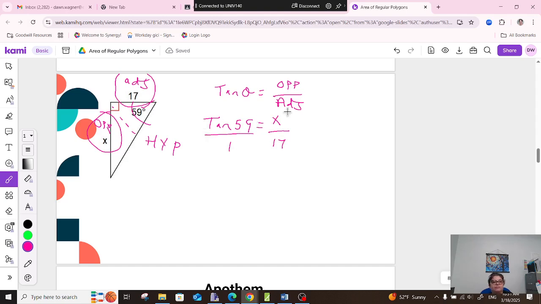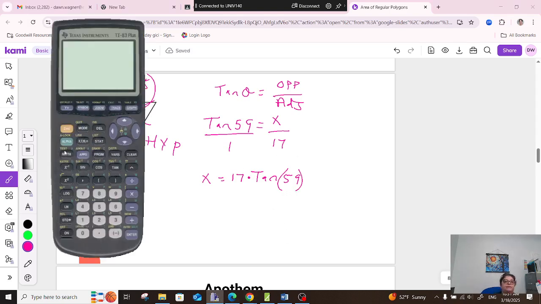When you cross multiply, you get x equals 17 times tangent 59. And you really should put in the calculator this way, just in case you forgot. With mine, I always have to change the degree or the mode because it always reverts on me. But you guys don't have to worry about that.